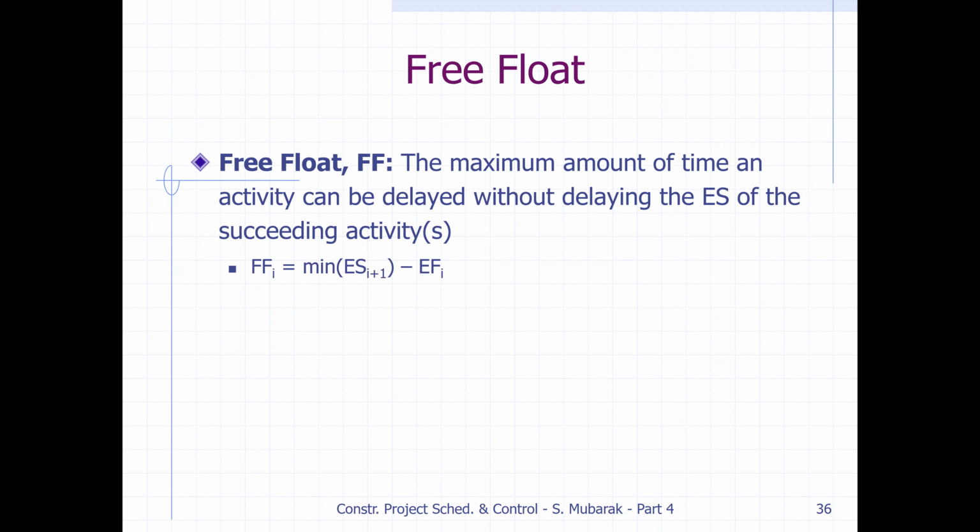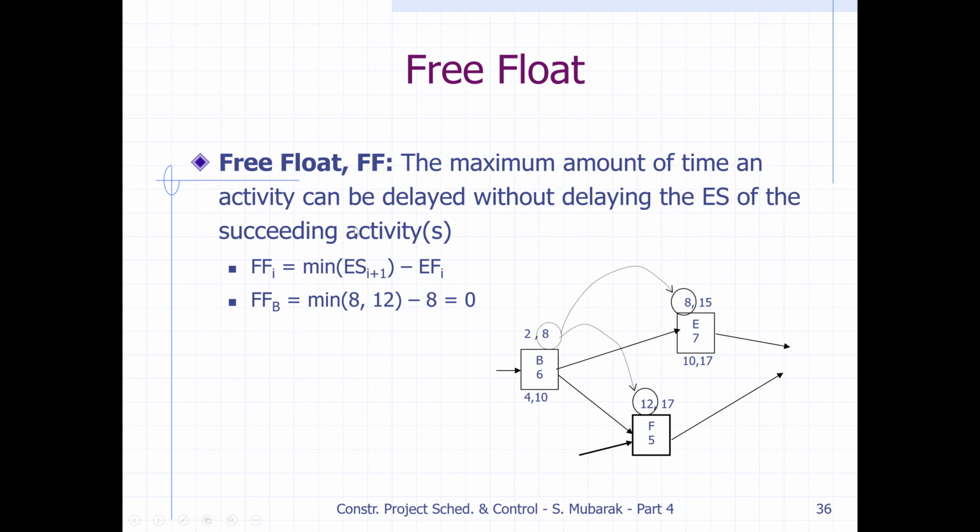For example, they put it like this: the free float of activity I is the minimum of the early start of the next activity, I plus 1, minus the early finish of activity I. So to calculate the free float for B, we have to see the following, successor activities.